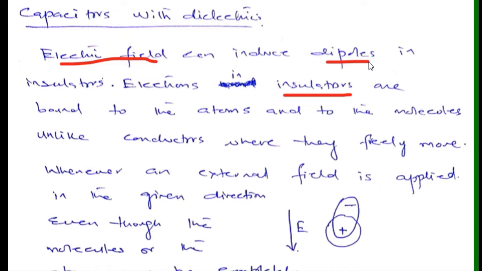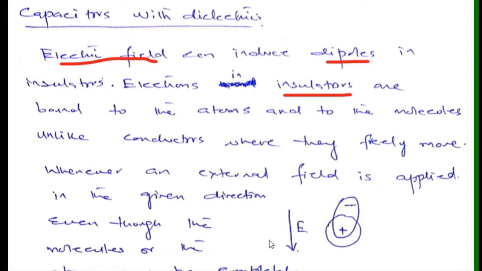That is, the charges they align themselves in such a way that on one side we have negative charge and on the other side we have positive charge, and they are separated by a certain distance. So हम कहते हैं कि we have created a dipole over here. So electric field, whenever it is applied to an insulator, it induces dipoles in it.